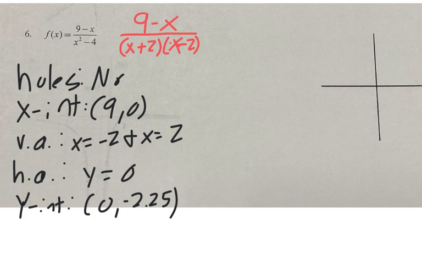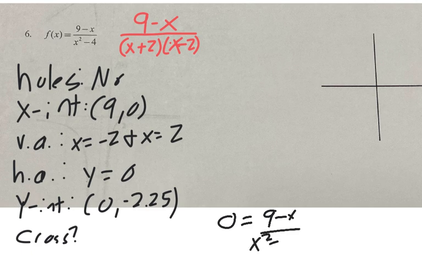Does it cross? So if my horizontal asymptote is at 0, I'm going to set 0 equal to (9 minus x) over (x squared minus 4), over 1, cross multiply. What am I actually finding here? 0 times x squared goes away, so 0 equals 9 minus x.